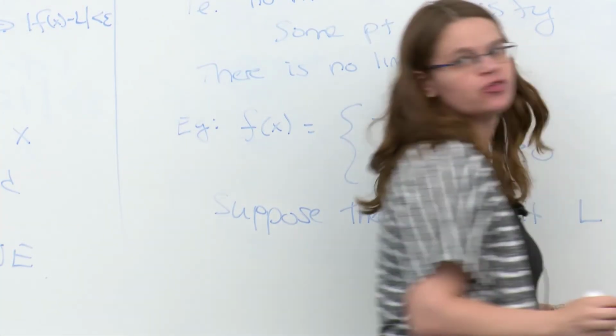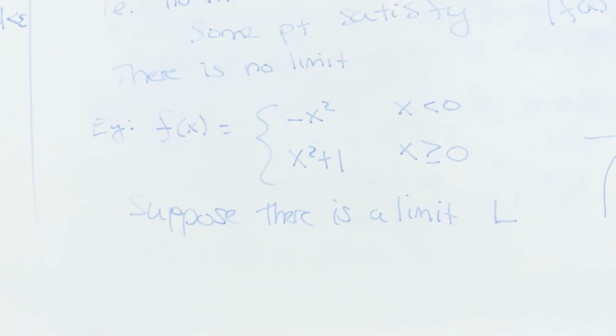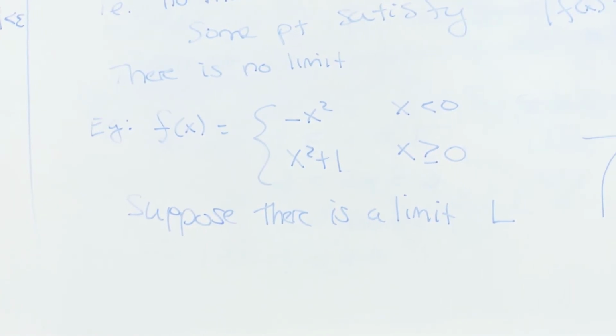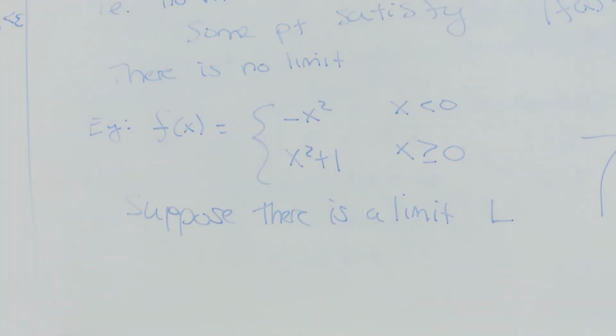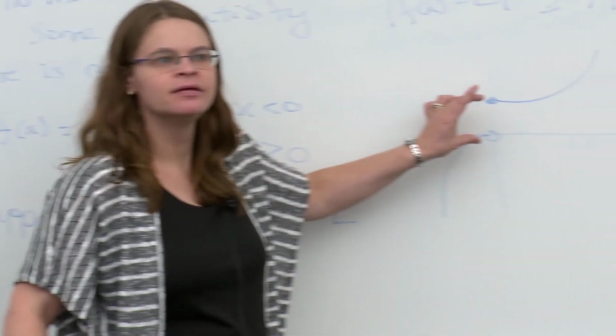Okay, this is 0, this is 1. Now I just need to find one value of epsilon that will make this definition break. What would you propose is a good value of epsilon? Well, we've got a gap here, right?